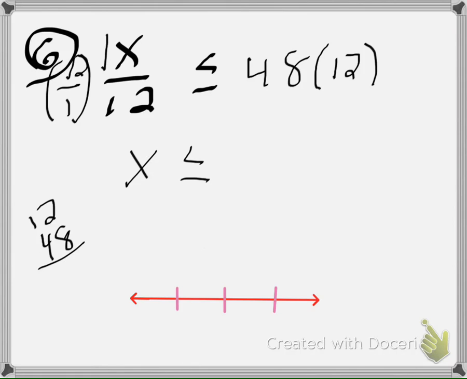2 times 8 is 16. 8 plus 1 is 9. 4 times 2 is 8. 4. We're going to bring down our 6 here. 9 and 8 is 17. 478.